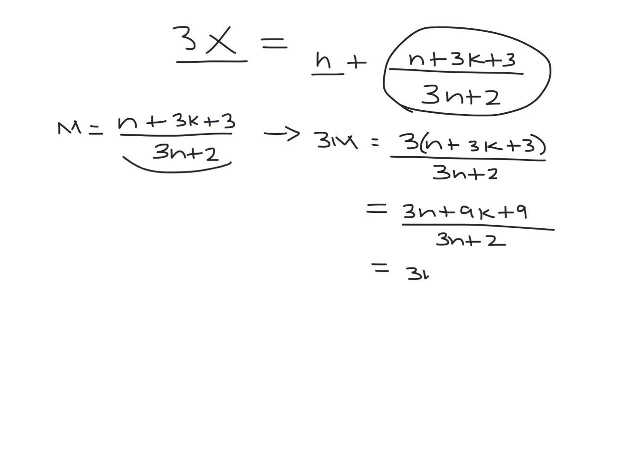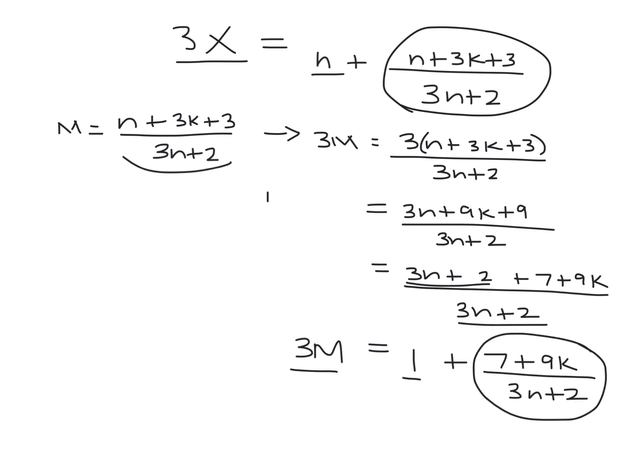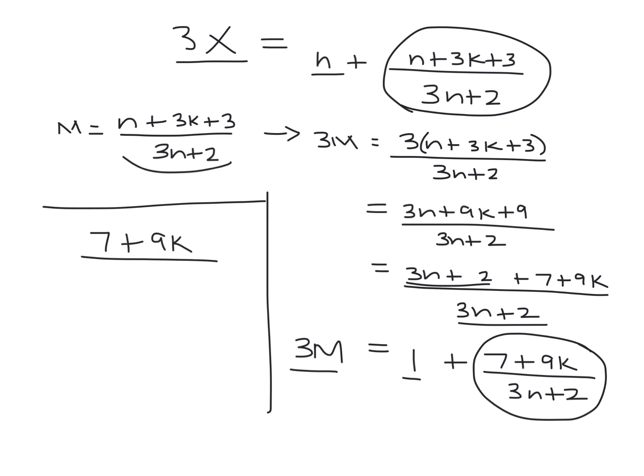And then we've got 3n plus, let's break this up into 2 and 7. Now this part would combine with this part to give 1, and it would be left with 7 plus 9k over 3n plus 2. And that's 3m. Okay, so this is an integer, that's an integer, so this must be an integer. So that means 7 plus 9k over 3n plus 2 must be an integer.